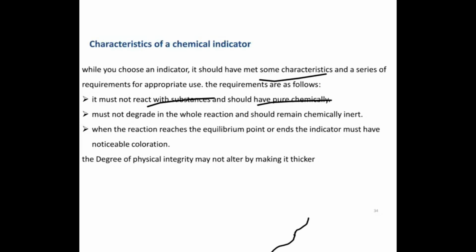The first characteristic: it must not dissolve in the other substance. The indicator should act as a substance, but it should not dissolve with another substance. And it must not degrade in the whole reaction.